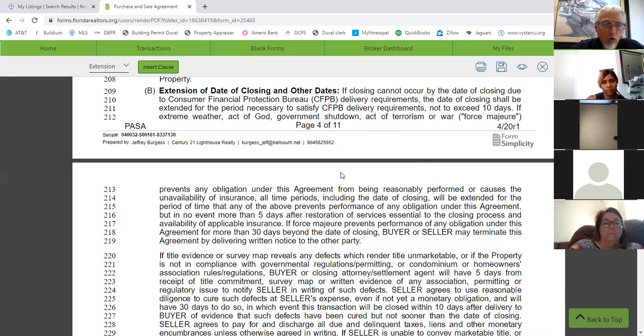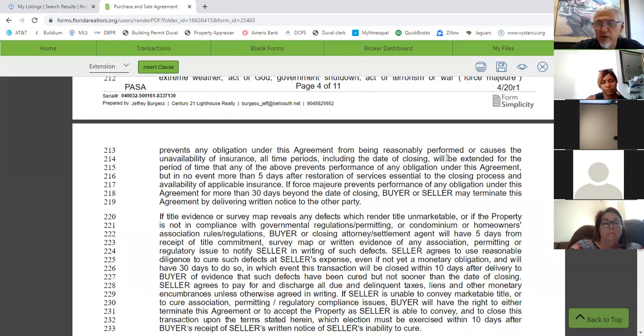Force majeure, war, or terrorism prevents any obligation under this agreement from being originally performed. The unavailability of insurance because there's a named storm in the box. You know, the box around Florida, there's a named storm in the box. What can't they do? They can't issue insurance. So you can't buy the house because you can't get insurance. So a named storm in the box, you automatically get an extension.